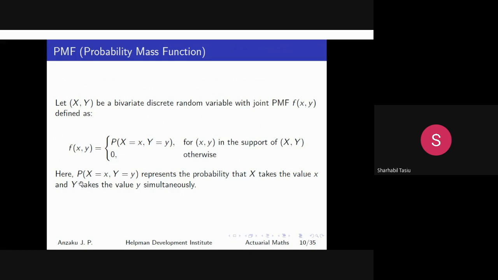Now here, P(X = x, Y = y) represents the probability that X takes the value small x and Y takes the value small y simultaneously, and that's why they are joint, because we are considering them all together at the same time.